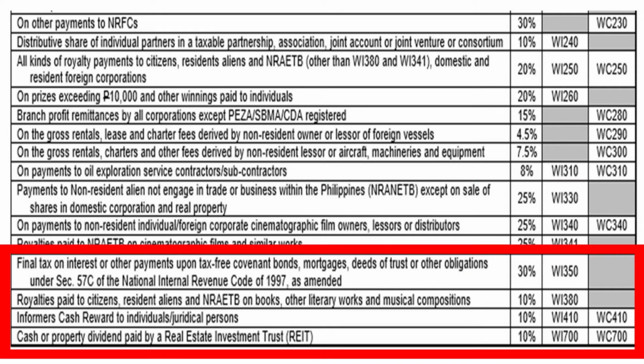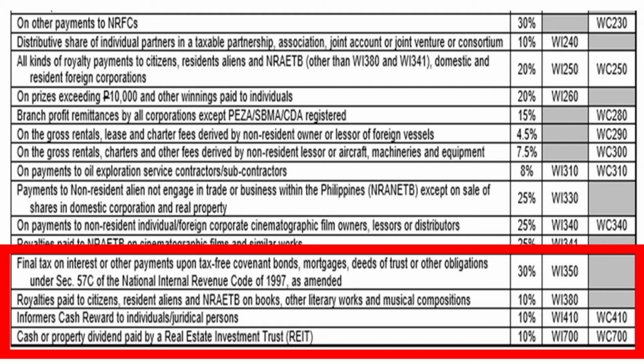Final tax on interest or other payments upon tax-free covenant bonds, mortgages, deeds of trust, or other obligations under Section 57C of the National Internal Revenue Code of 1997 as amended, 30%, W1350.